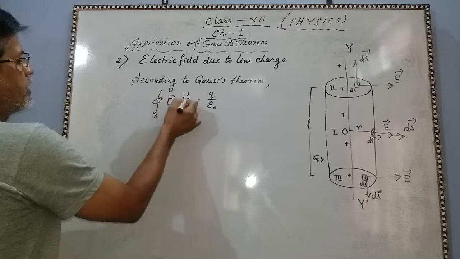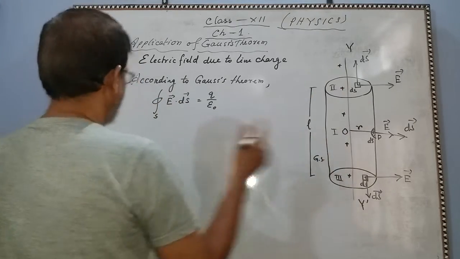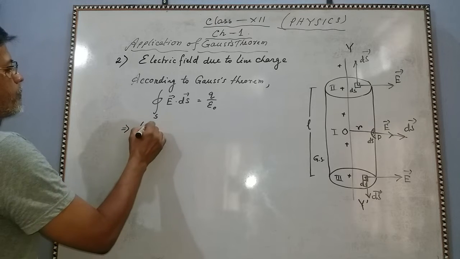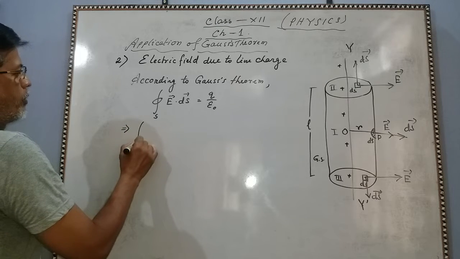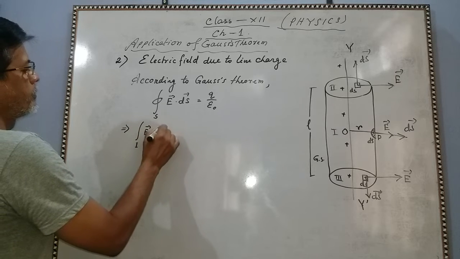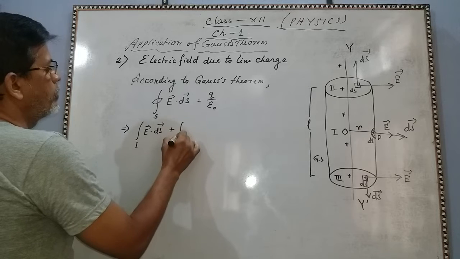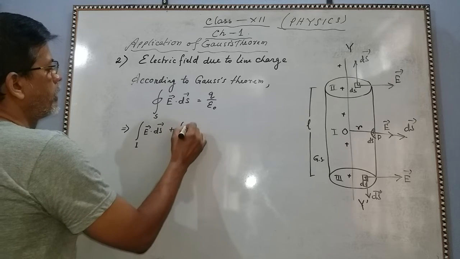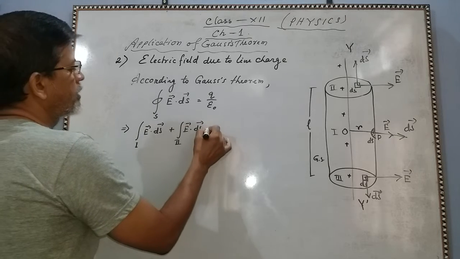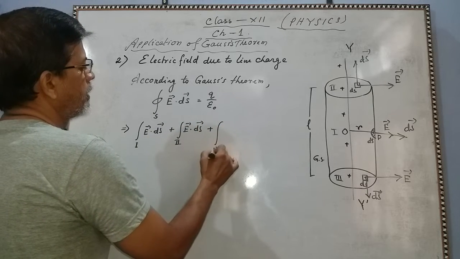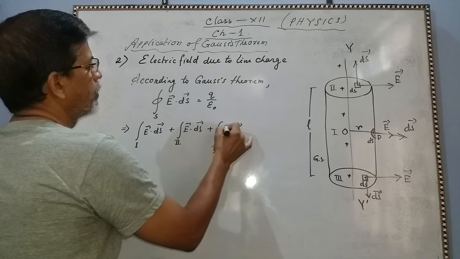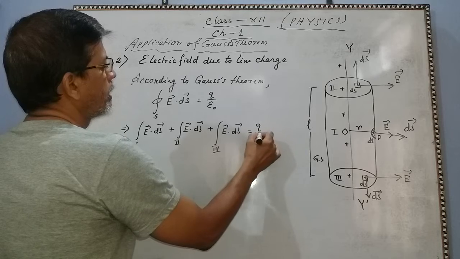Now we divide this into three parts: part 1, part 2, part 3. So integration for part 1 E dot ds, for part 2 E dot ds, for part 3 E dot ds, equal to q by epsilon naught.